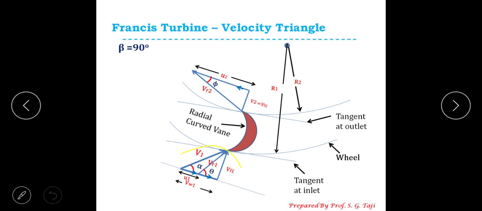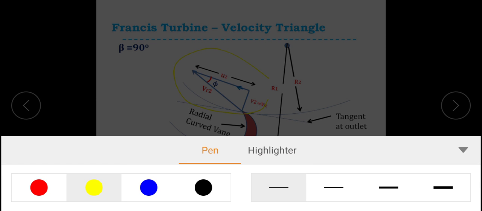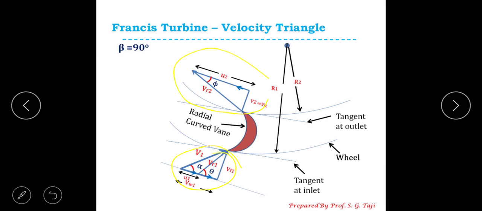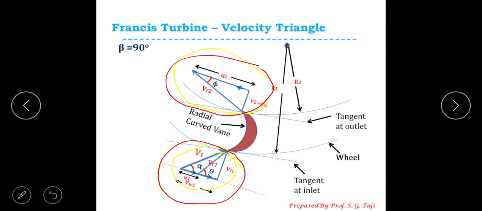This is the inlet velocity triangle, and this is the outlet velocity triangle. We may not be able to see with this color with that background, so we will take red color. Okay. This is the inlet velocity triangle and this is the outlet velocity triangle.